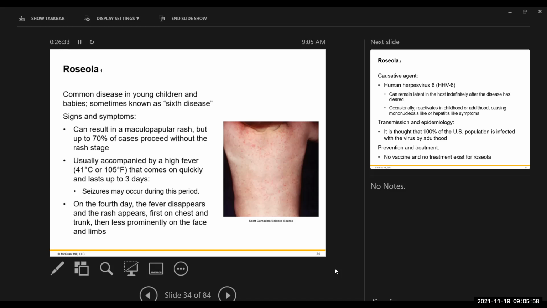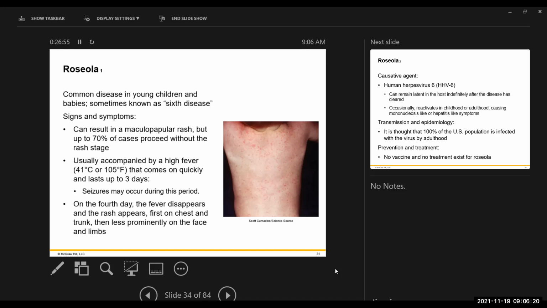The fever, however, when it resolves, tends to resolve quite quickly. After the fever is over, the child develops a rose-colored maculopapular rash that starts on the trunk and spreads to the extremities. The rash will usually clear within a few days.